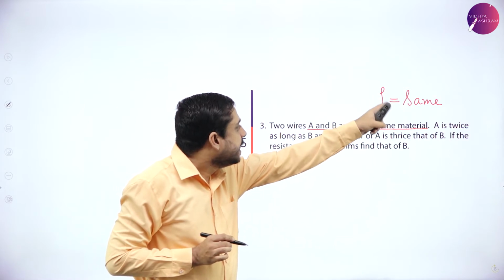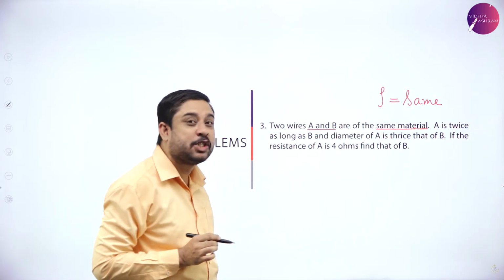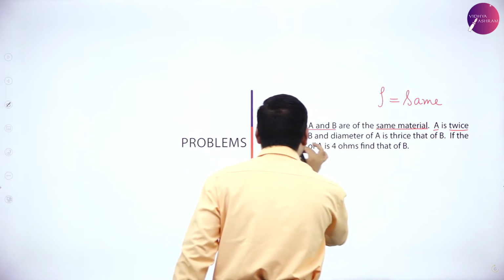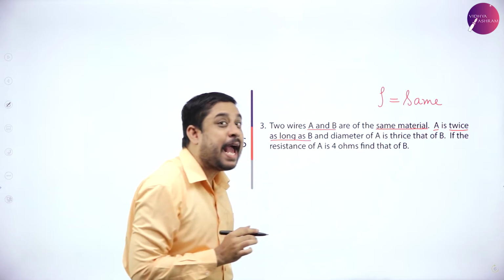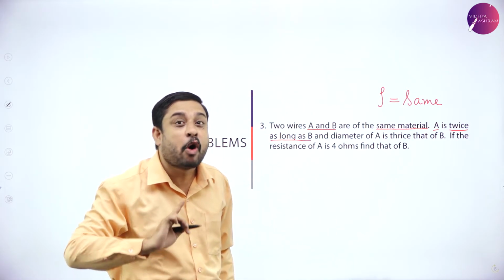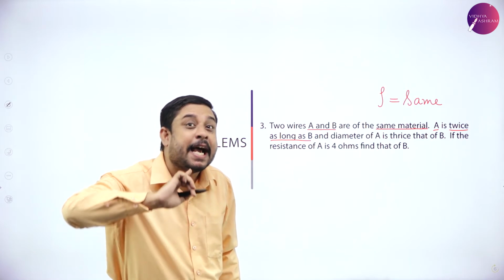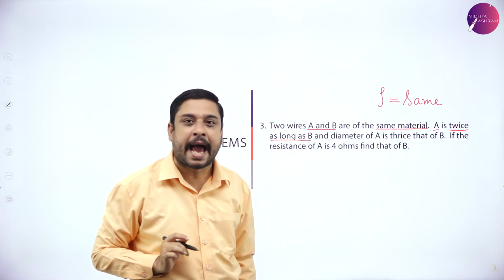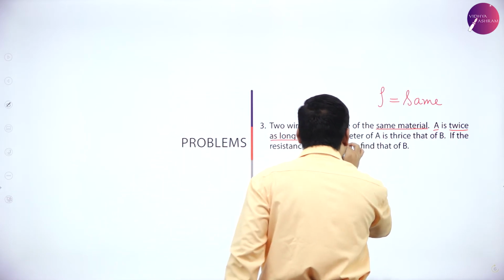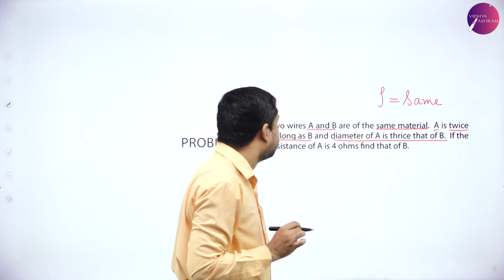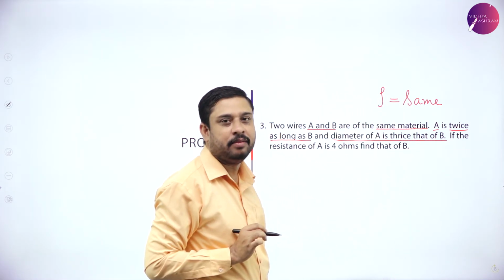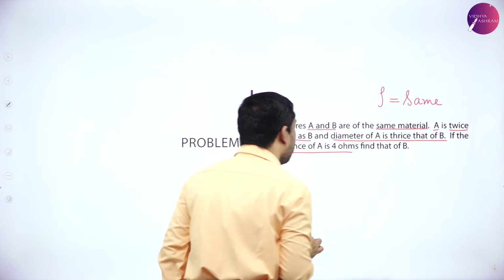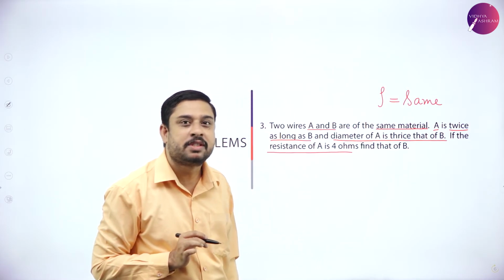A is twice as long as B. Look here. A is twice as long as B. Length of A is 2 times the length of B. And diameter of A is thrice that of B. He says, if the resistance of the wire is 4 ohms, which wire?